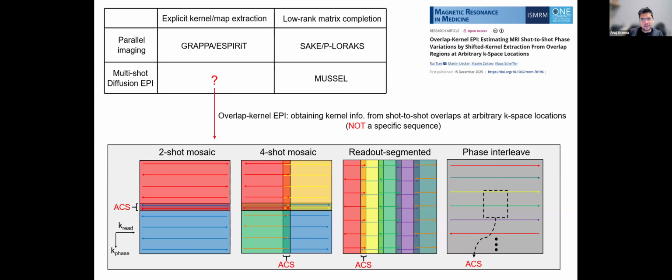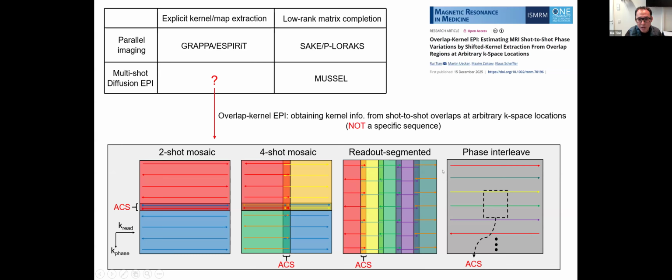So the phase for the yellow segment should be the same, whether you compare with the one from the left or the one from the right. That means before the shot-to-shot combination, we need to do an alignment between different pairs. If it is phase interleaved, you don't need to do that because everything overlaps in the same regions.